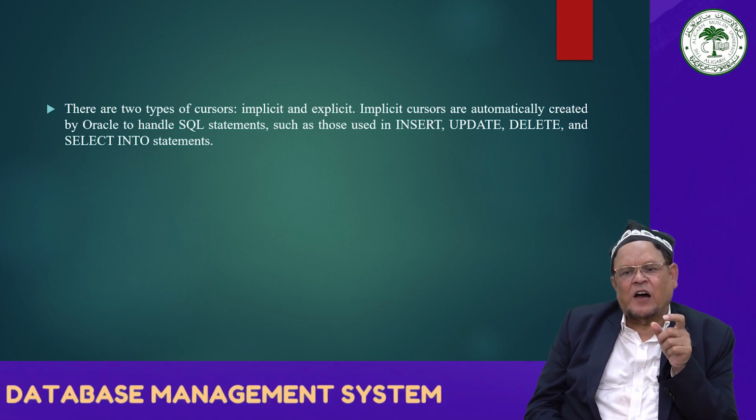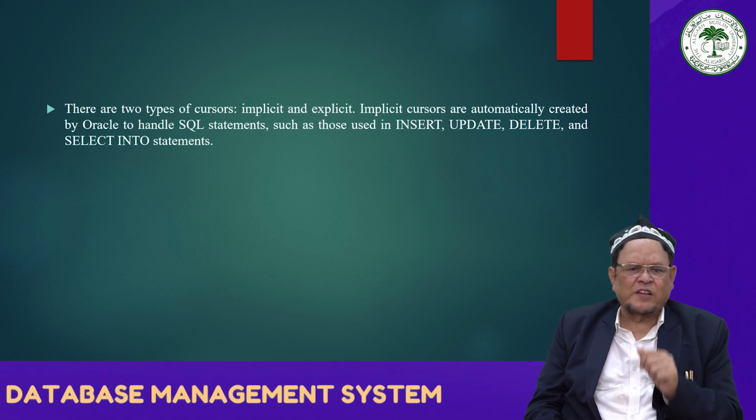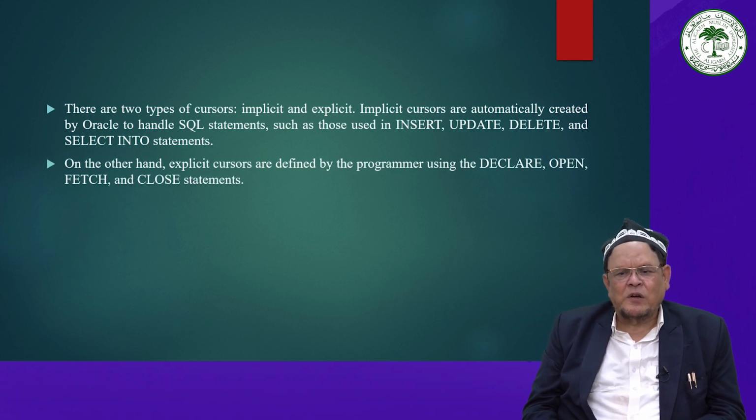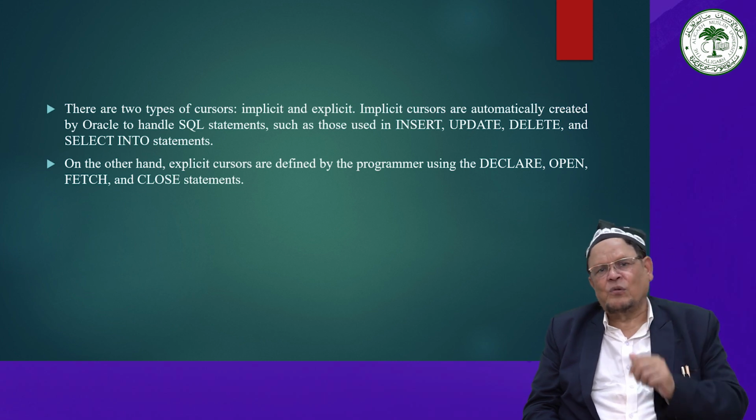Implicit cursors are automatically created by Oracle to handle SQL statements such as insert, update, delete, and select into statements. Explicit cursors are defined by the programmer using declare, open, fetch, and close.